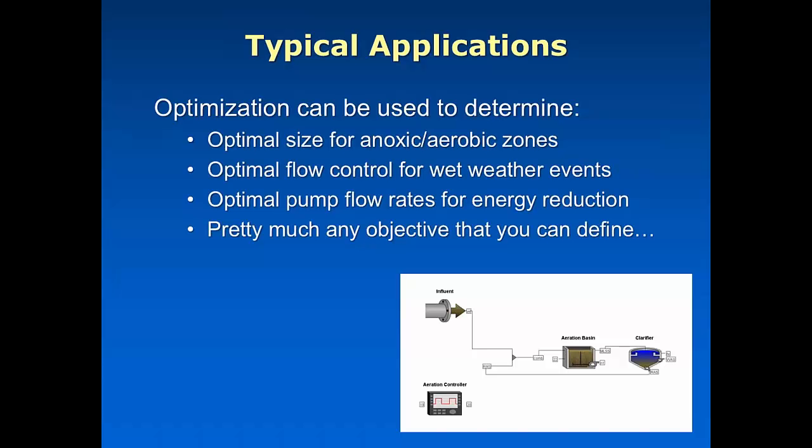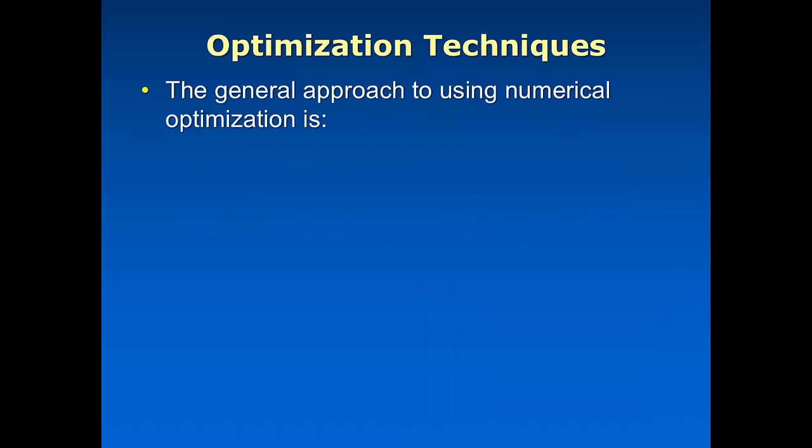It really pretty much can be applied to any type of question that you can construct within GPSX. You can give it any sets of parameters that you want as the input. You can specify any output as the thing that you're trying to minimize or maximize. It may not work out, but it's a completely open and free-form thing that you can do in GPSX.